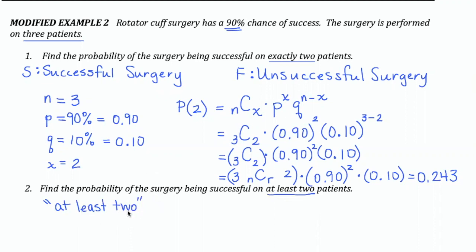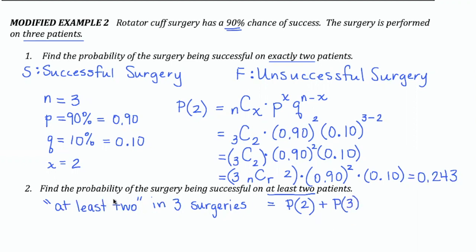If we want to have at least 2 successes in 3 total surgeries, what we're really looking to know is the probability of 2 patients having successful surgery. At least 2 does include 2. It would also include the probability of 3 patients being successful.